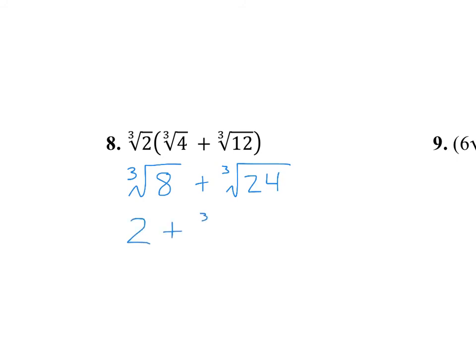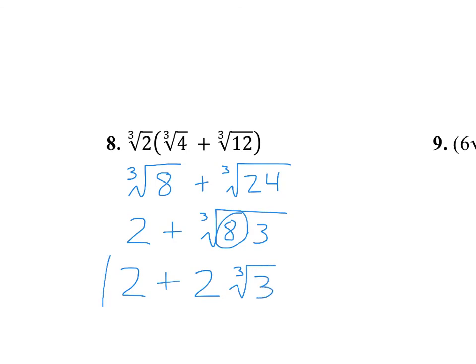Then for this one, well, we know 8 is a perfect cube. So changing 24 to 8 times 3, we can bring this out. That's a 2. So it's 2 cube root of 3. Because 8 is just 2 times 2 times 2. So if you have 3 2's, you can bring 1 2 out front.